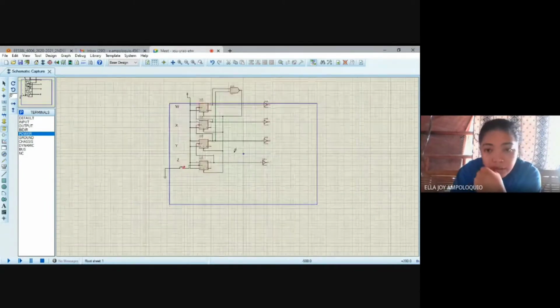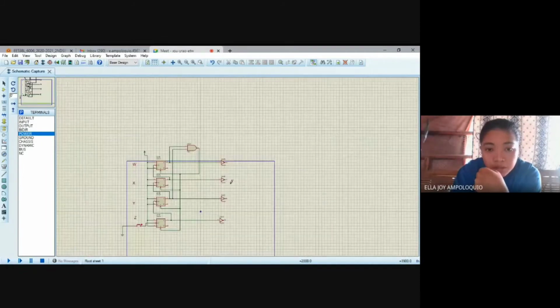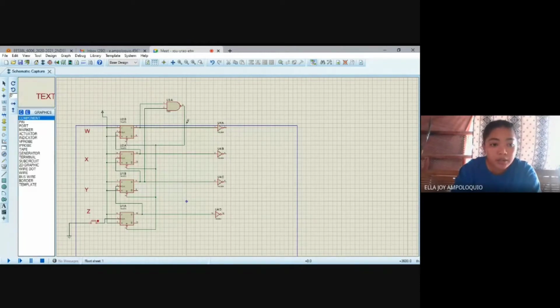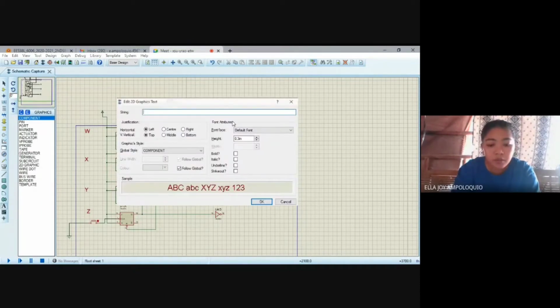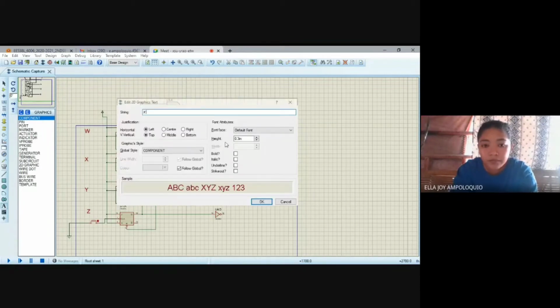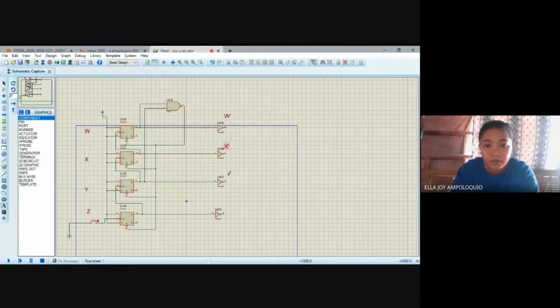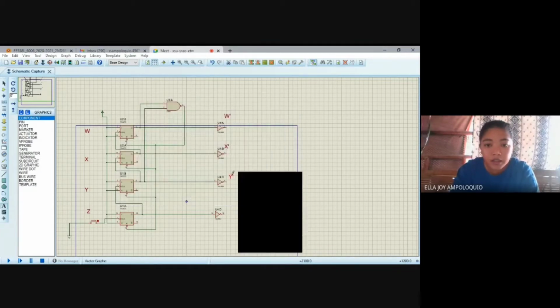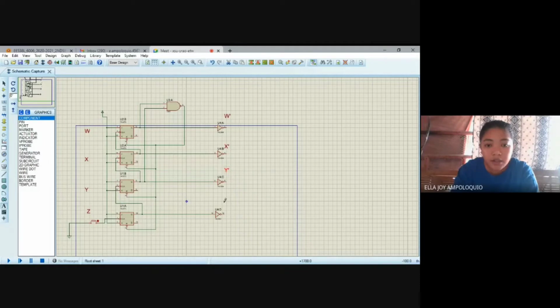For me to easily identify, I will also put here, since it is the hex inverter, W prime, X prime, Y prime, and Z prime.